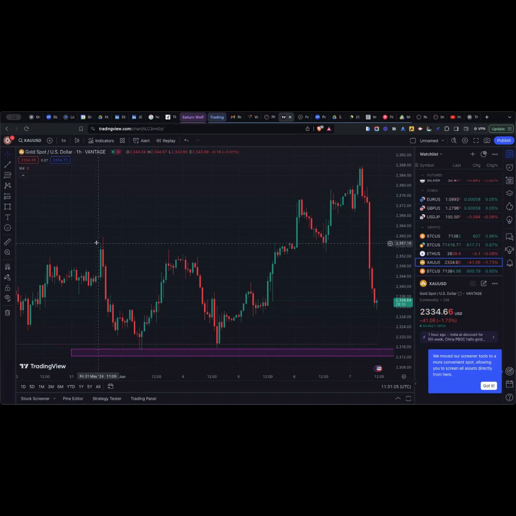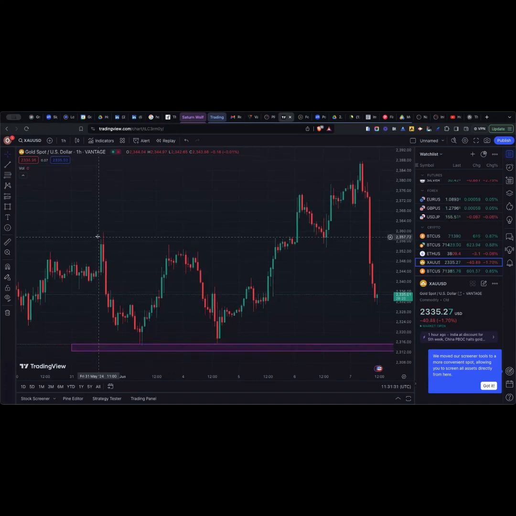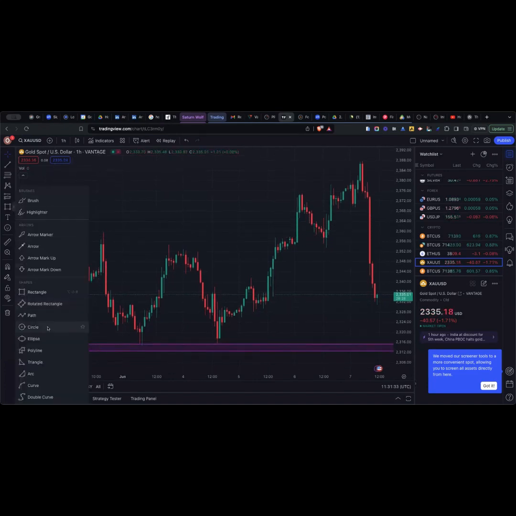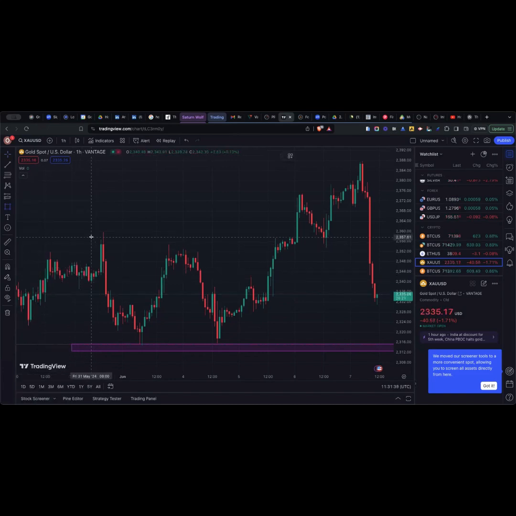But for extra confirmation, we wait for price to break at least two of our support levels. Otherwise you cannot give a confirmation that price is actually going to sell. You understand?